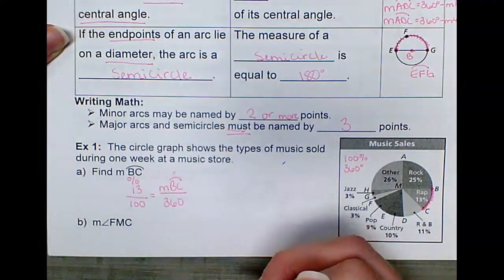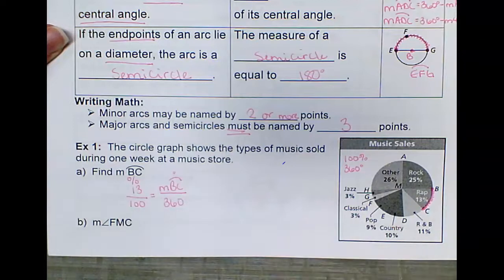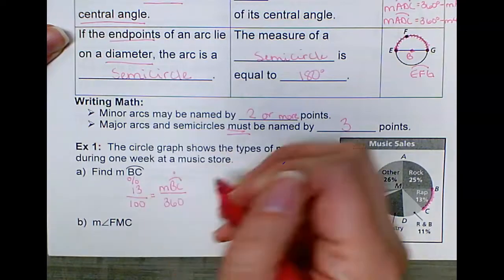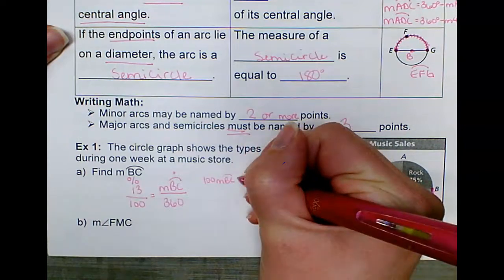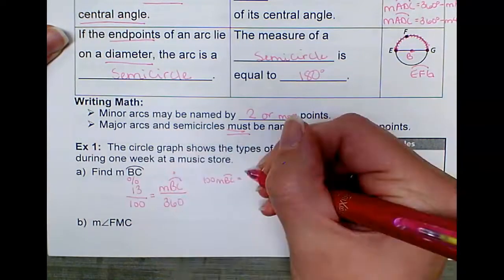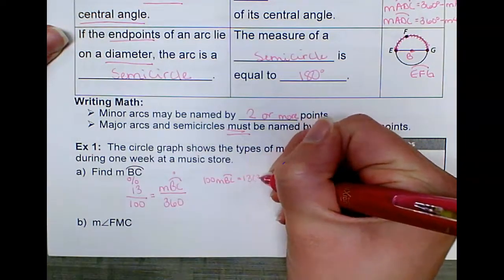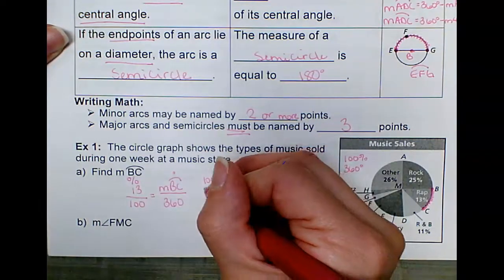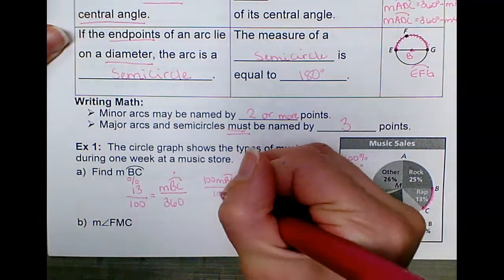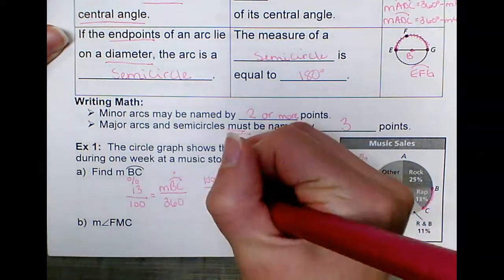Okay? So in order to calculate my missing value in my proportion, I'd cross multiply. So 100 times the measure of arc BC equals 13 times 360. Notice how I didn't multiply yet, because it's possible that when I divide by 100, it will be helpful not to have multiplied.